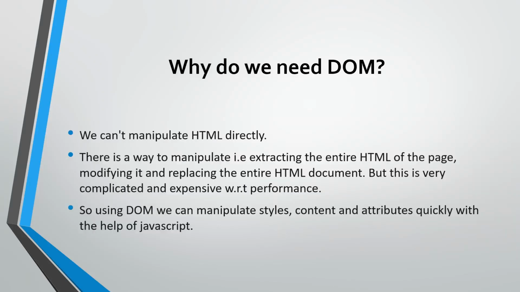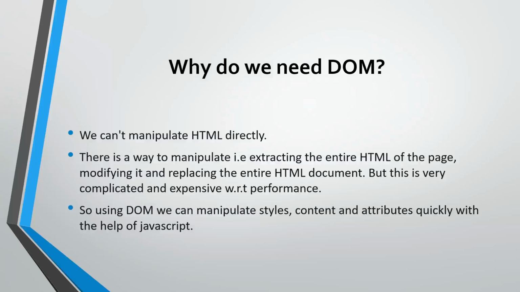Next, we'll see why we need DOM. We can't manipulate HTML directly. If there is some text over there which cannot be manipulated directly using HTML, I need to use JavaScript and the DOM.